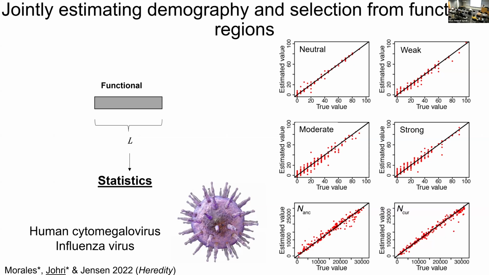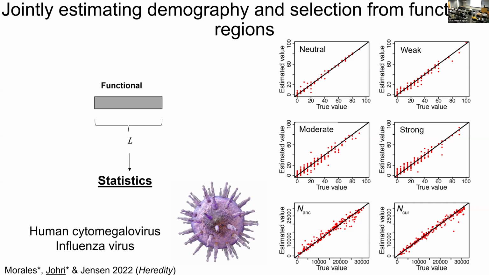That is, you could just take selected sites directly and also estimate all parameters, but the amount of error definitely increased in those cases. Why is this relevant? Because if you're trying to apply these methods to viruses, where most of the genome is coding or actually under selection, you have no idea what is under selection and what's not. Even in those cases, we could apply these methods where we have no idea which sites are neutral and which are not, right?